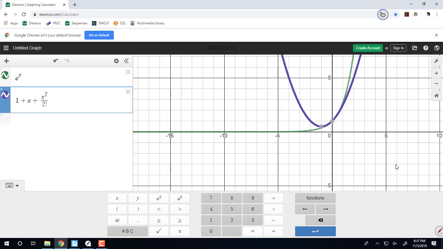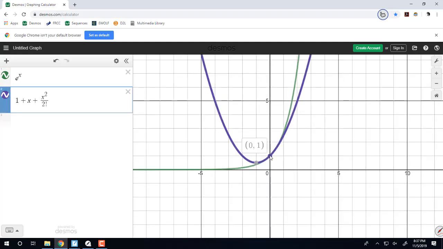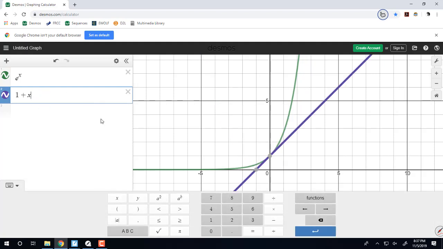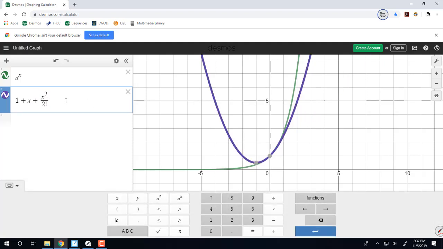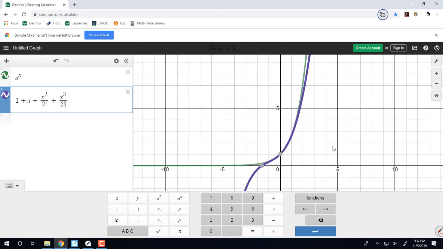So there's the quadratic approximation to e to the x near this value, x equals 0. There's the linear approximation, and we have the quadratic approximation, the cubic approximation, even better.